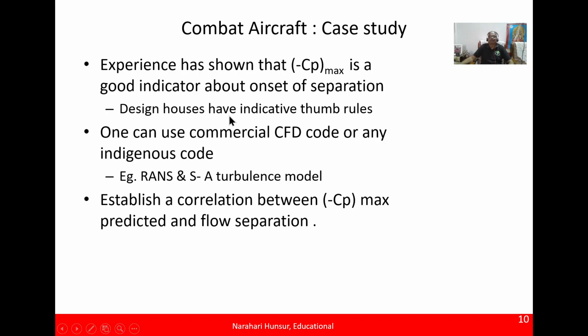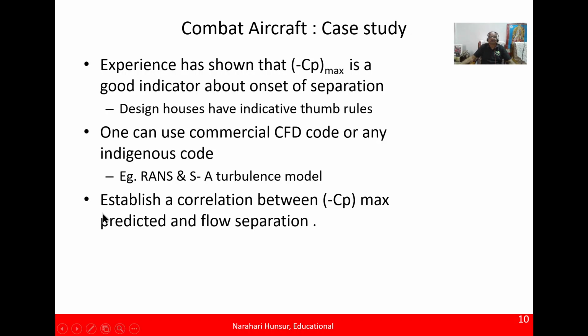If we don't have in-house thumb rules, we can use a commercial CFD code or any indigenous code, for example, RANS, Reynolds-Averaged Navier-Stokes, and typically with the Spalart-Allmaras turbulence model. The reason is that it's a one-equation turbulence model, and you have fewer runs to do. Of course, there are better turbulence models, but this is the initial stage.